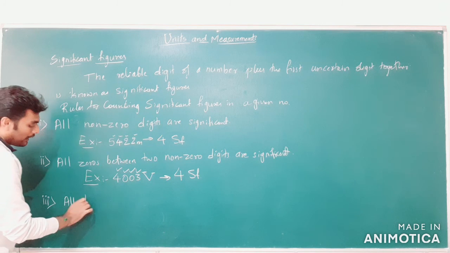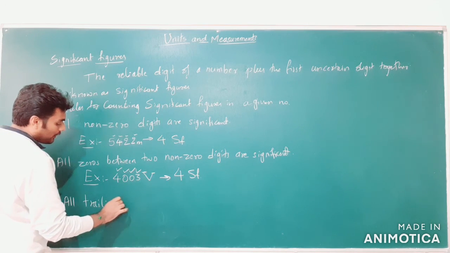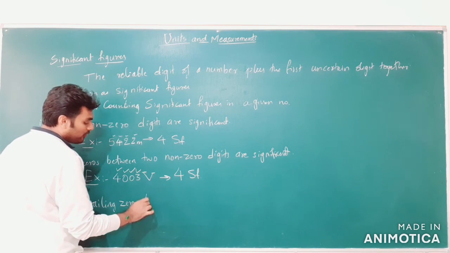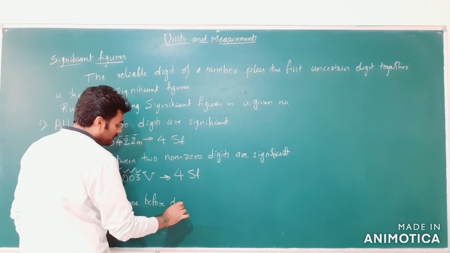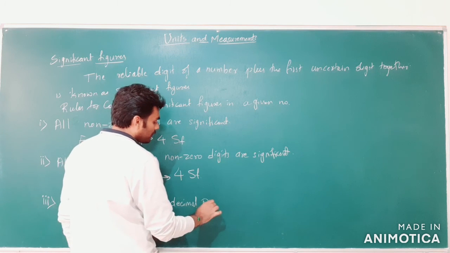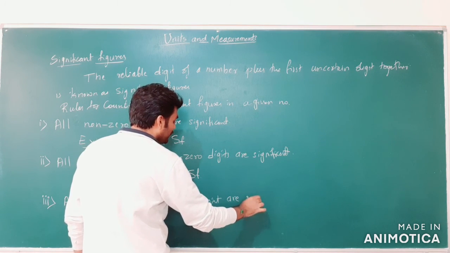Now, the third rule: all trailing zeros before the decimal point are insignificant.